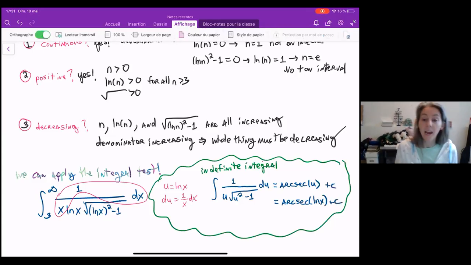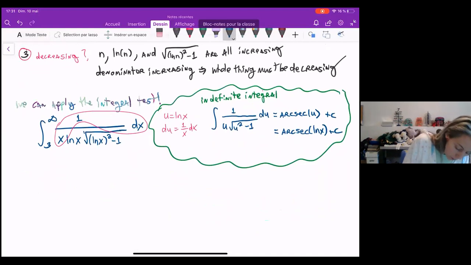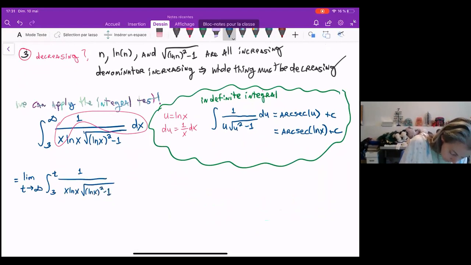Okay, all right. Now that we've actually evaluated the integral, let's go back and think about how to deal with it being improper. So the first thing we always do is to rewrite it as a limit. Limit as t approaches infinity, 3 to t, 1 over x ln x, the square root of ln x squared minus 1 dx, which we just evaluated.